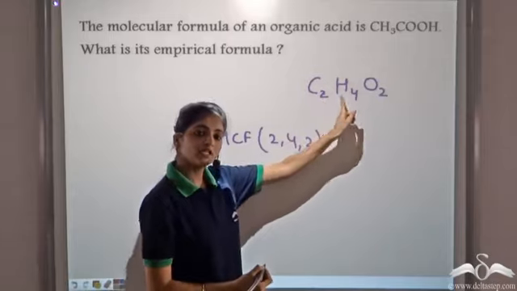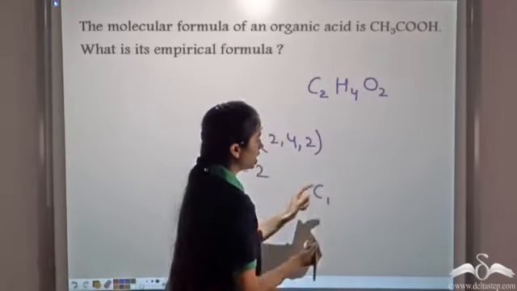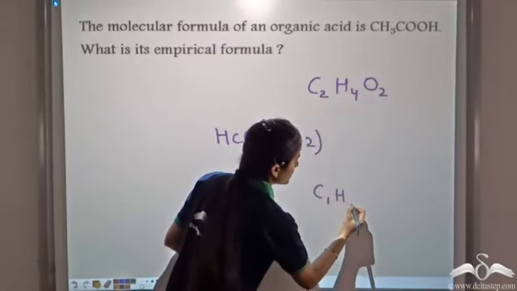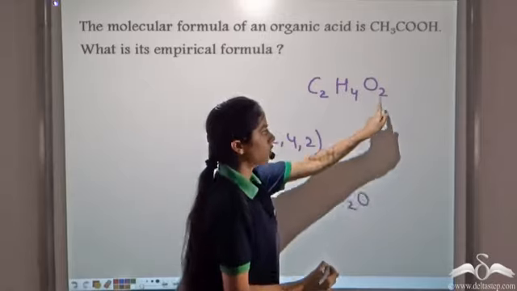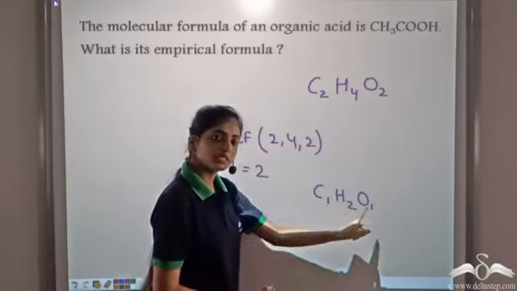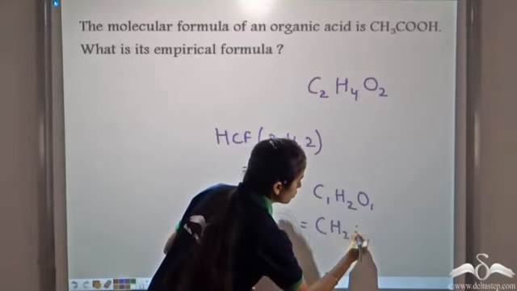On dividing each by 2, we get for carbon 1. When we divide 4 by the HCF, we get 2. And for oxygen, we again get 1. So we can ignore these ones and simply write this as CH2O.